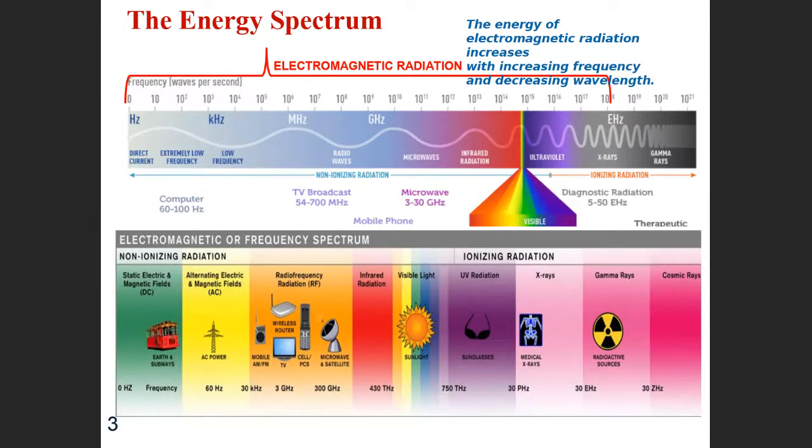What is the difference between them? Listen to me carefully. For the non-ionizing radiation, we will see that the waves have a long wavelength. Can you see how the waves are moving? They have long wavelength, low energy, and low frequency.